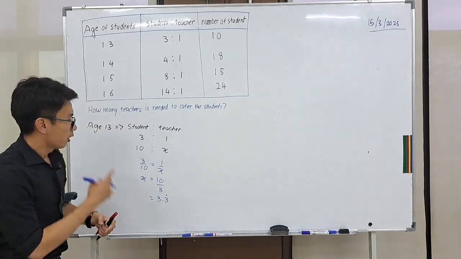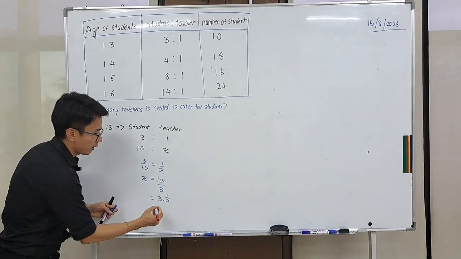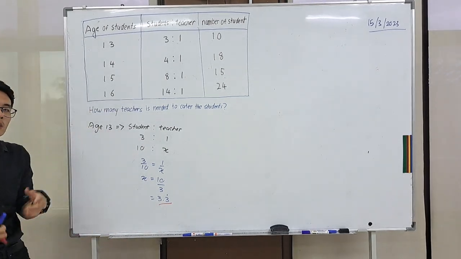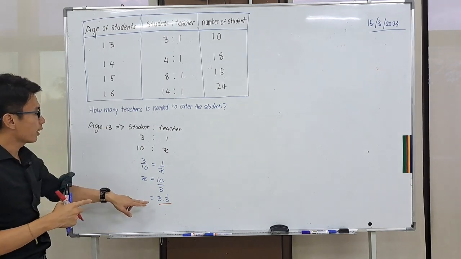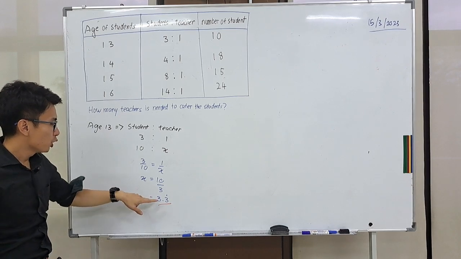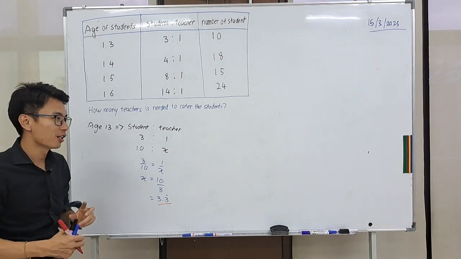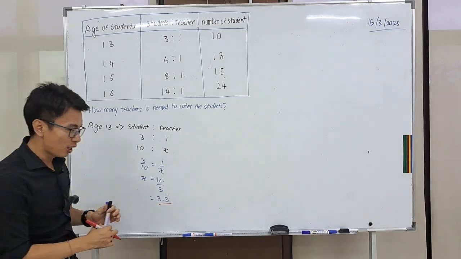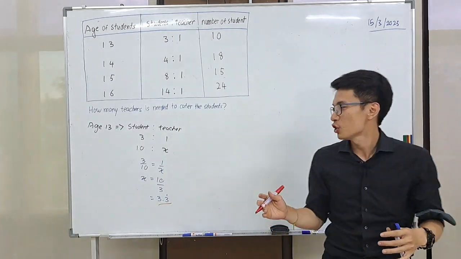Now, let's try to understand what this answer means. They are telling us that for 10 students, I need to have 3.3 teachers, right? But we know that we can't have 3.3 teachers over here.